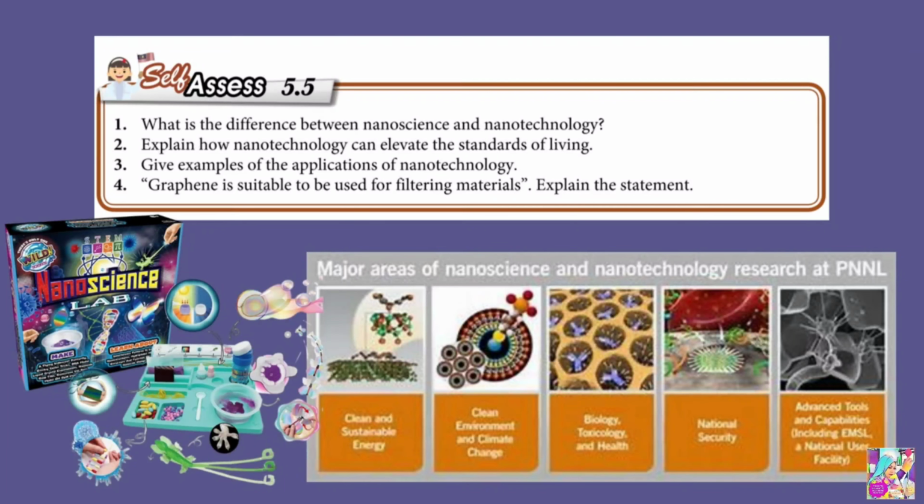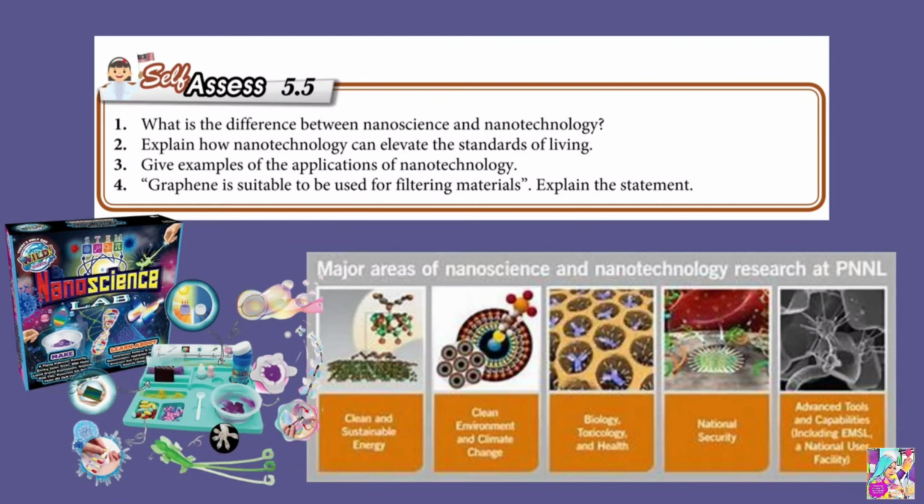This is an example of nanoscience apparatus. And then these are the major areas of nanoscience and nanotechnology research at PNNL. For example, clean and sustainable energy, the major area where they have researched this technology.